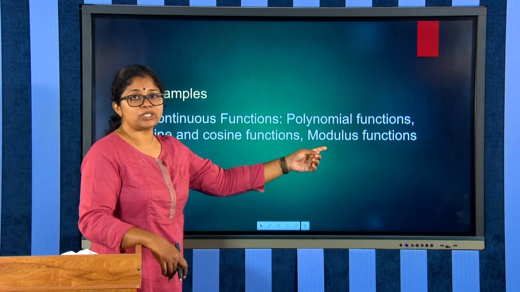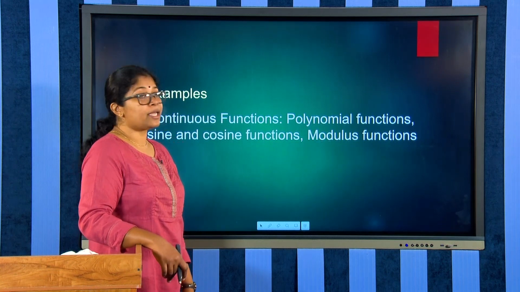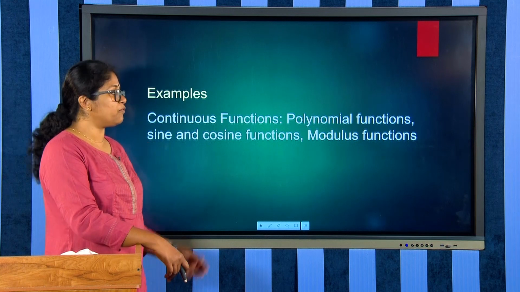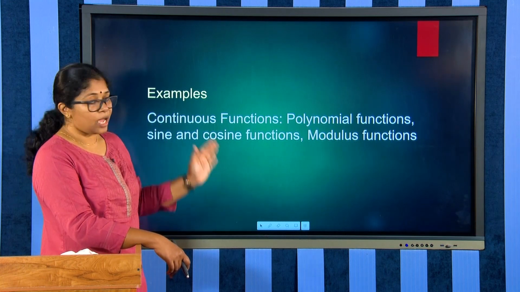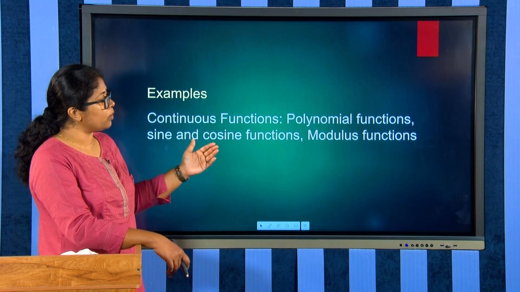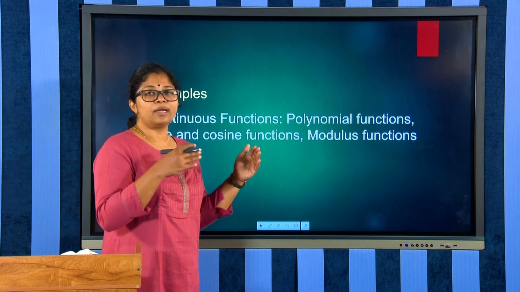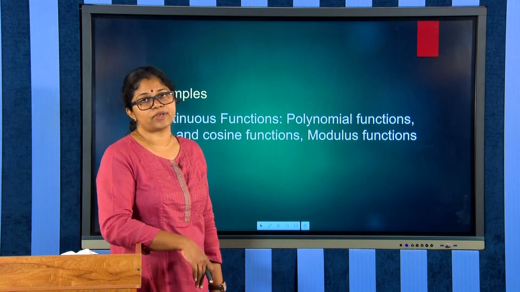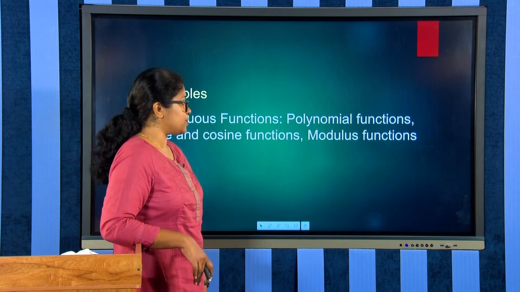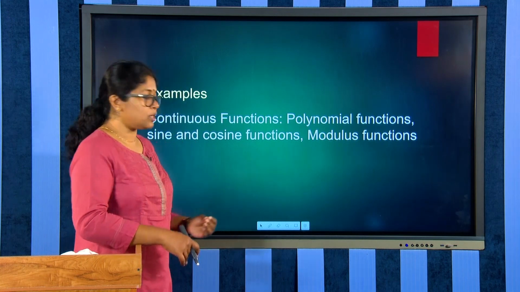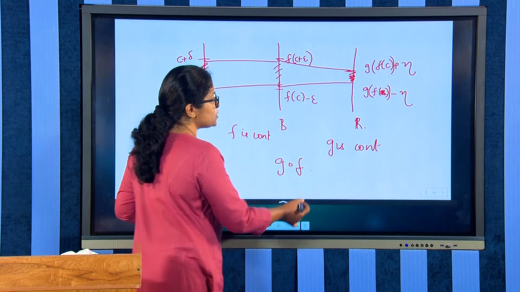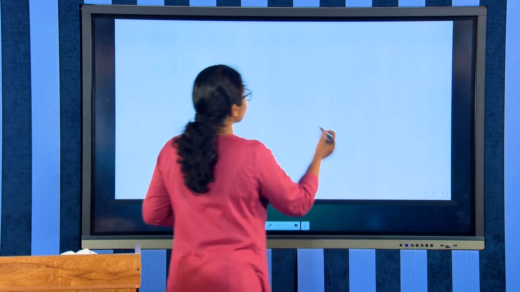Regarding the modulus function, which is a very important function, its continuity can be viewed from the graph, or by using the concept of the limit of f of x being equal to f of c. Here I will give you a small illustration using the geometrical figure.